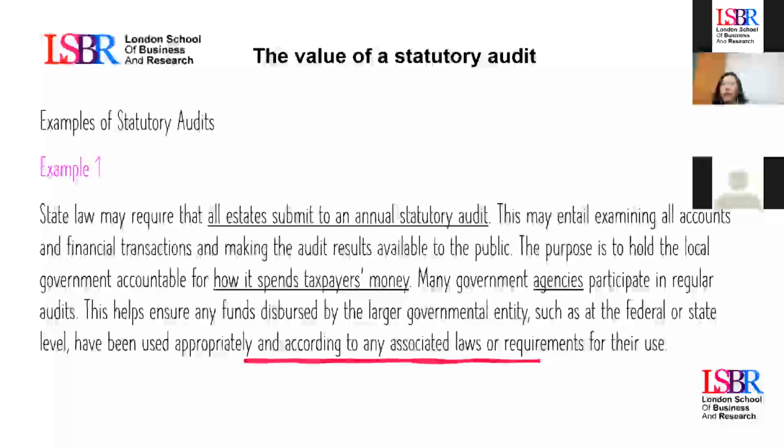For that reason, normally the government asks for a statutory audit to review if the taxes of the population were used according to the purpose of the country. This could be a statutory audit when the government institution proves that all the resources have been applied according to the political objectives of the country. This could be a good example of a statutory audit.